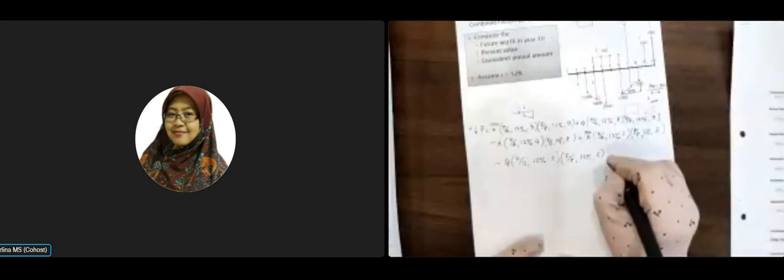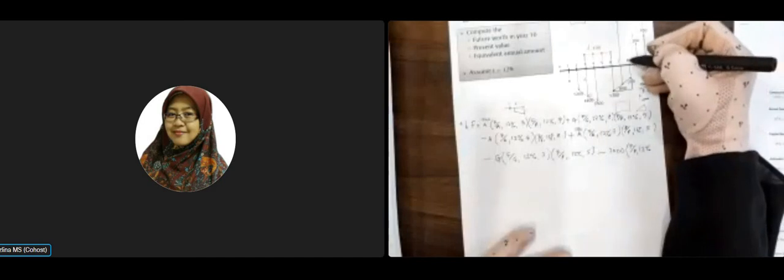Atas maknanya minus. Okay, ni 3000 ni P. So F over P, 12%, 1, 2, 3. Okay. Minus lagi. This one, 200 F over P. F nak cari, P is yang kita tahu, what we know. 12%.